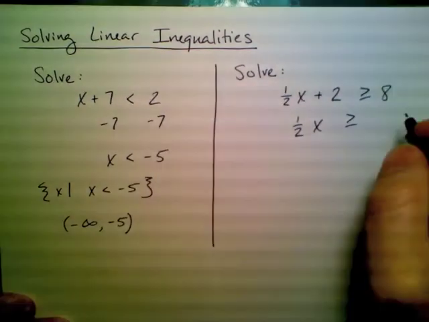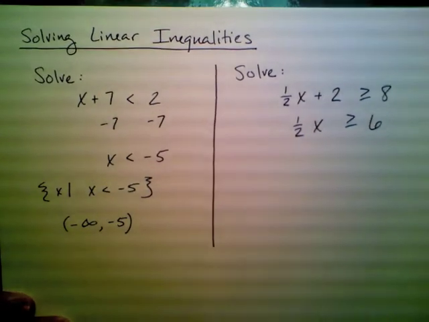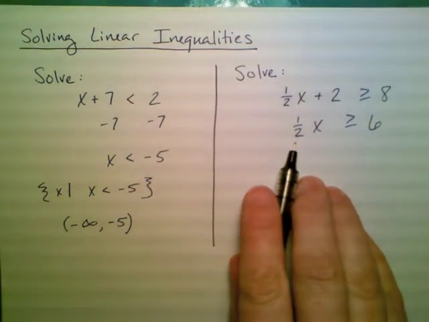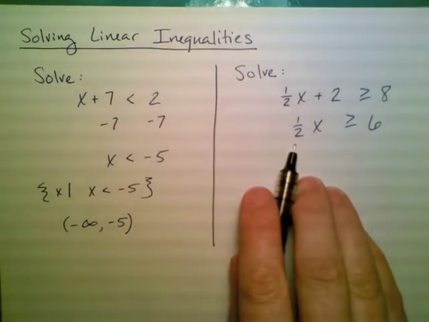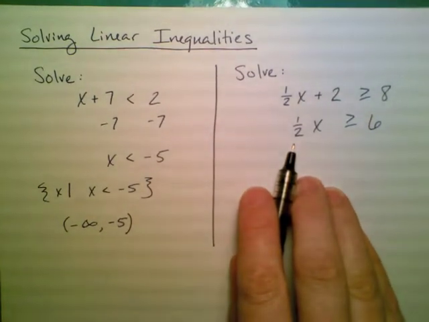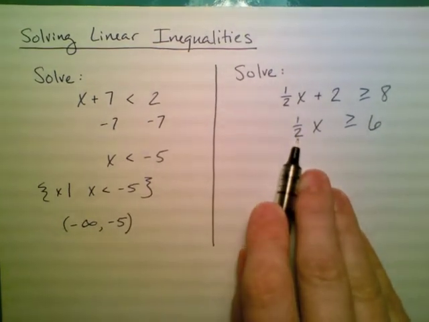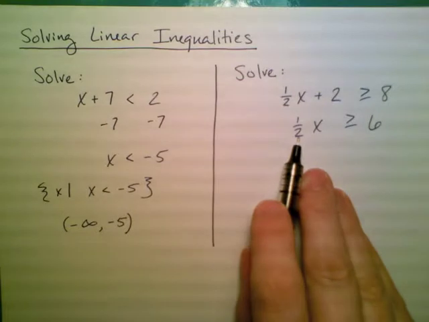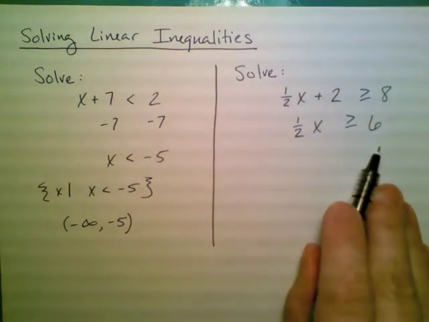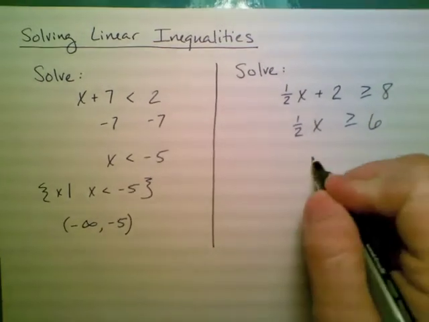Just like we subtracted 7 from both sides, we can subtract 2 from both sides and get 1 half x is greater than or equal to 6. And now to get rid of this 1 half, what I want to do is multiply. But we have to be careful whenever we multiply and divide. Although since 1 half is a positive number and what I would want to multiply by to get rid of it is 2, multiplying both sides by a positive 2 is not going to change my sign because it is positive.